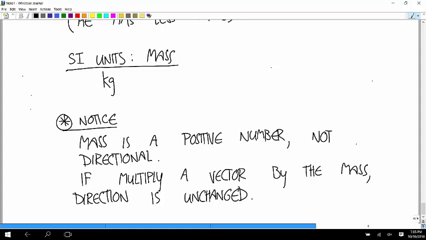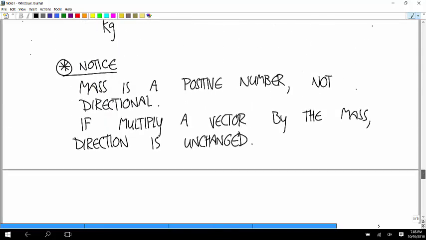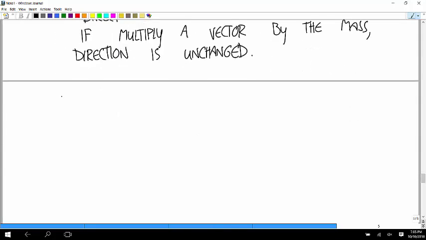Now the one that's going to be more complicated to talk about, the second new quantity we have to define, is force. And force is a vector. So this is a different thing. Force does have direction.